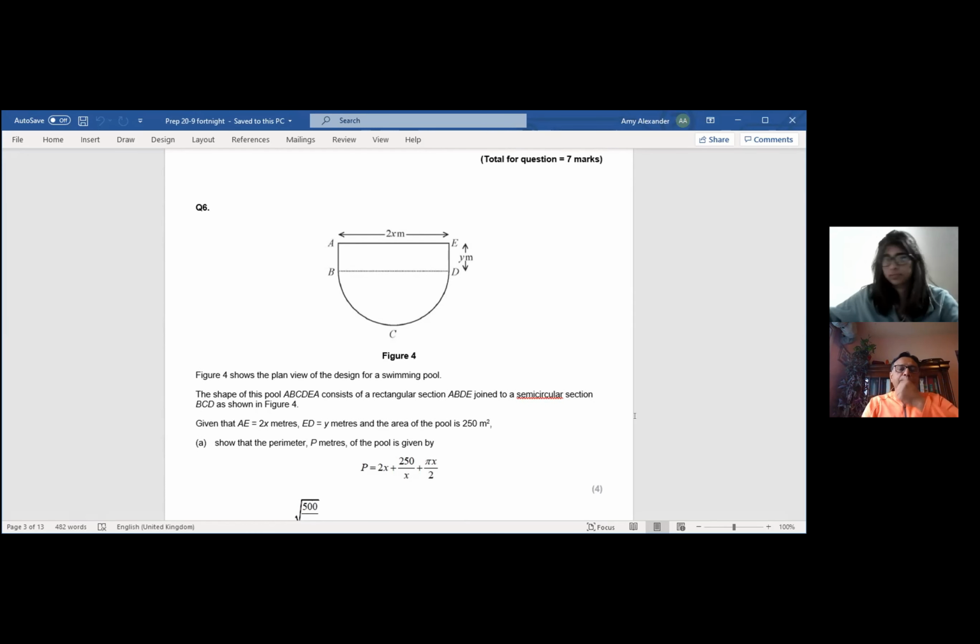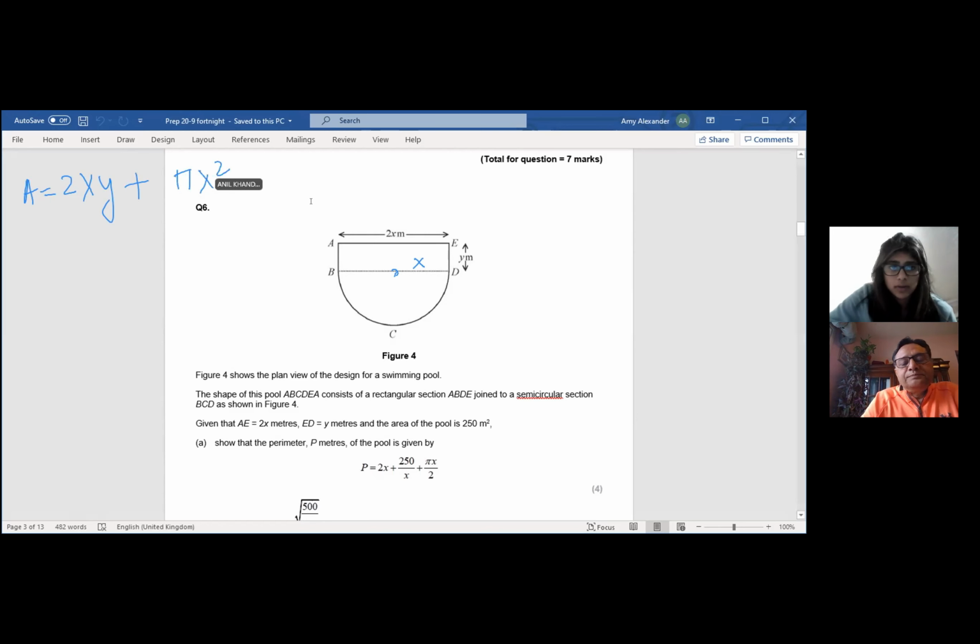Okay, we are given a pool, and we are saying that AE is 2x. So that means this radius is x, right? And ED is y. The area of the pool is 250 meters squared. So the rectangle area plus this. So area is equal to 2xy plus pi r squared, so pi, x is the radius, squared and half of that because it's a semicircle.